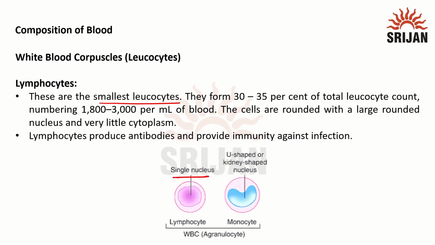Lymphocyte is the smallest leukocyte and forms 30 to 35% of total leukocyte count. It will number about 1800 to 3000 per ml of blood. The cells are rounded with a large rounded nucleus and very little cytoplasm. These are important cells because they produce antibodies and provide immunity against infection.